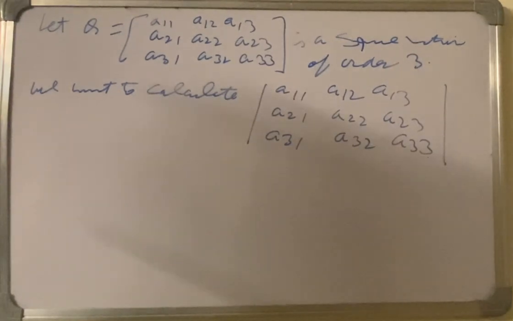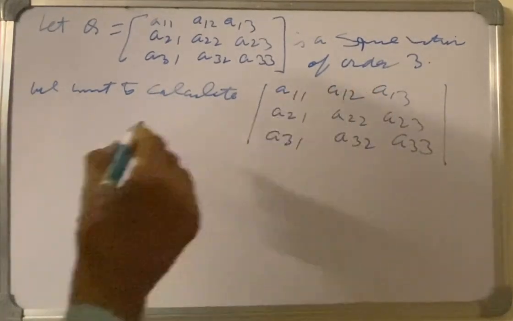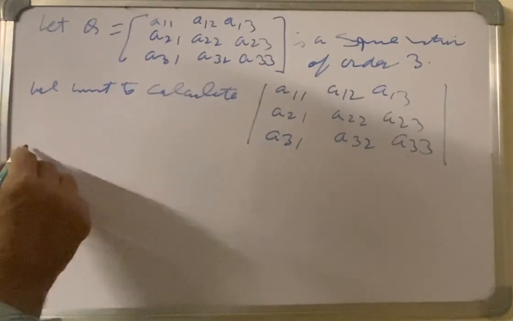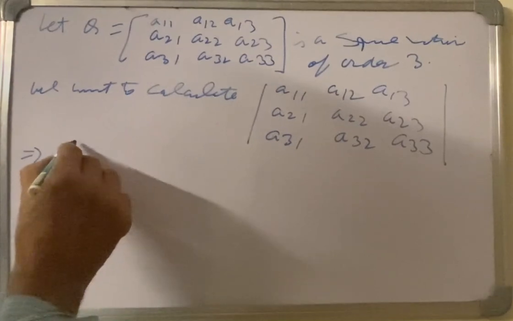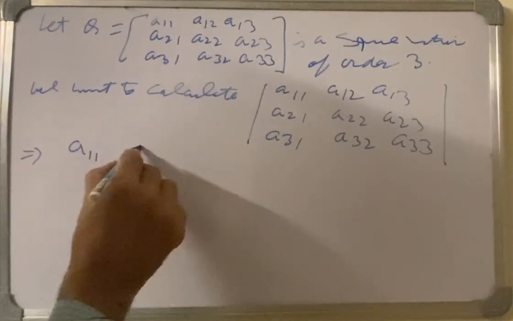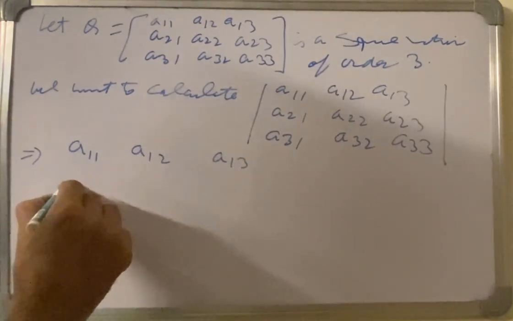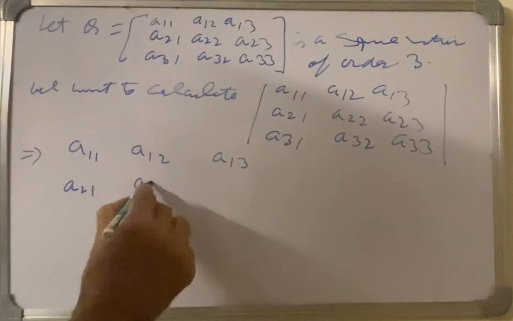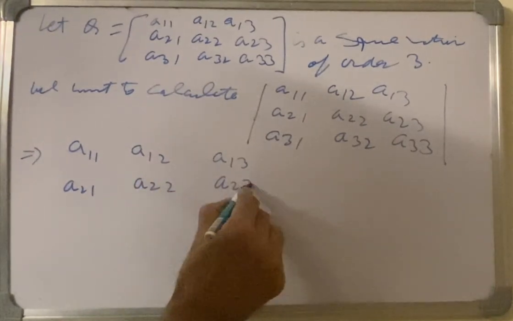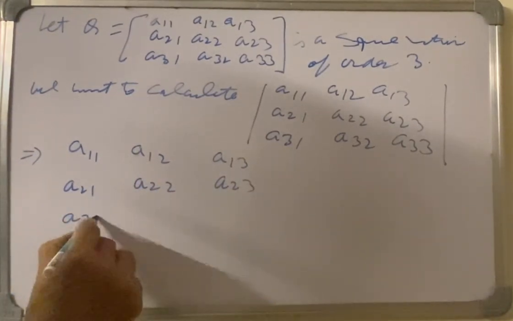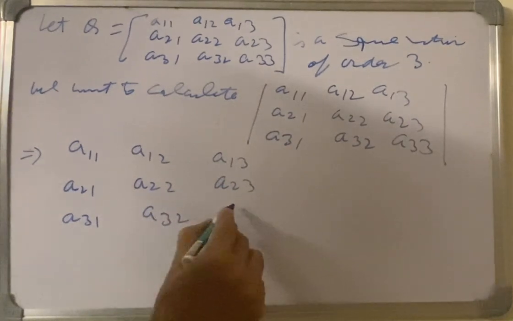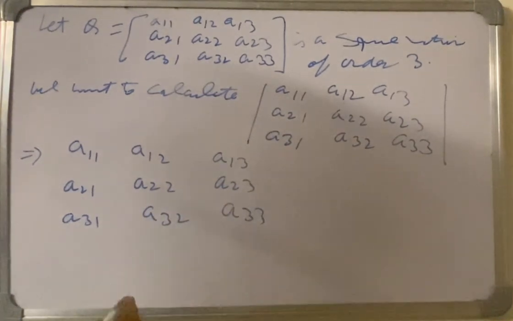As we have already written, first of all, we shall enlarge the determinant by adjoining the first two columns. So we write A11, A12, A13, A21, A22, A23, A31, A32, A33.